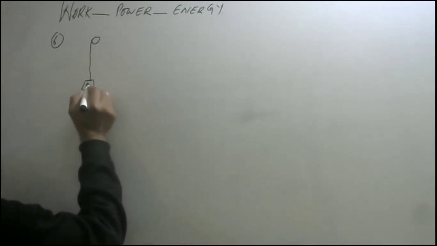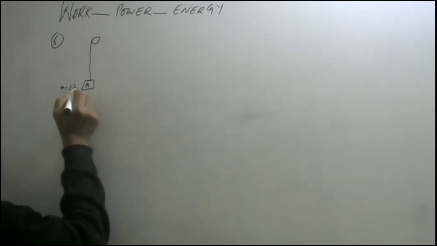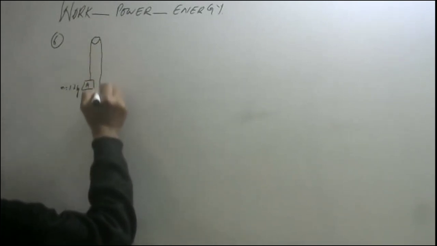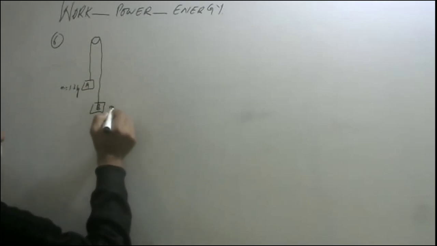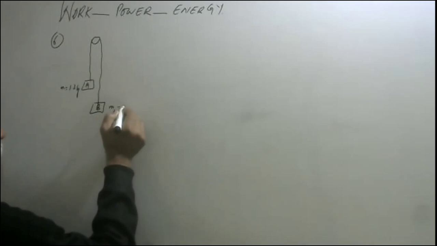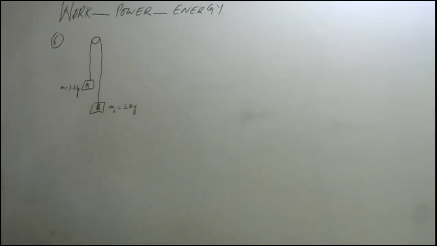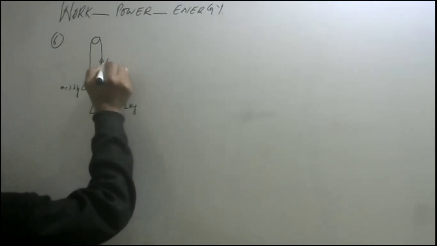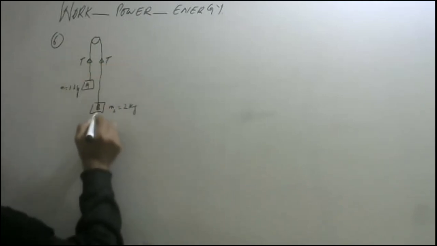This particle A is of mass 1.2 kg and there is another particle of mass 2 kg. They are hanging vertically. The pulley is frictionless. They are connected with a string which has the tension T.